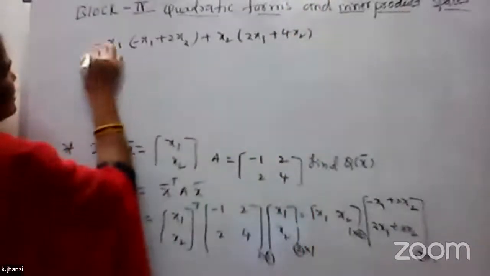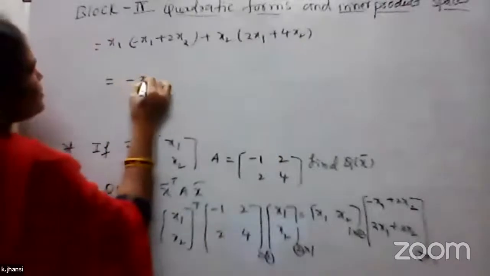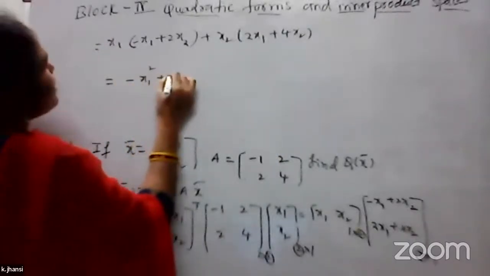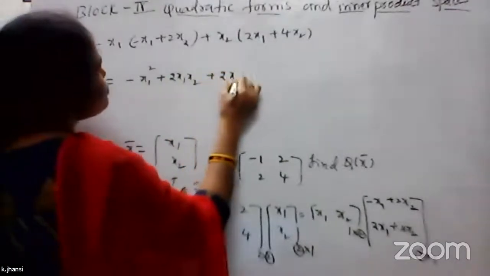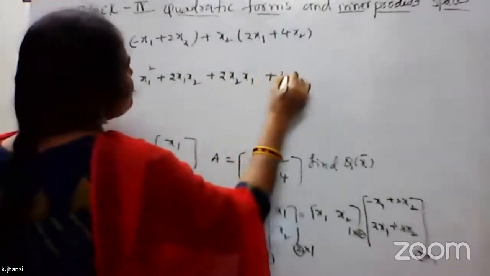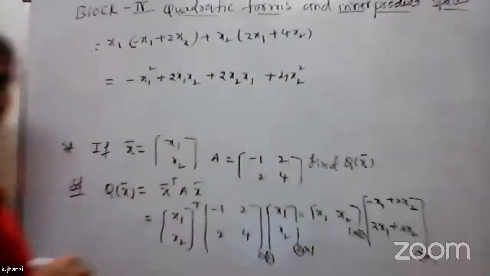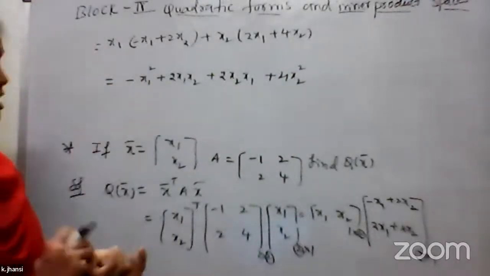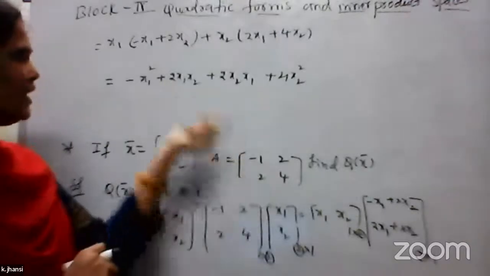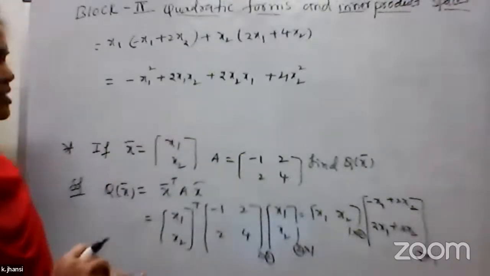When you simplify this, you will get -x1 square plus 2x1 x2 plus 2x2 x1 plus 4x2 square. So this is the quadratic form of the given matrix. Whatever the matrix is, this is the quadratic form of that one. So this is the answer.